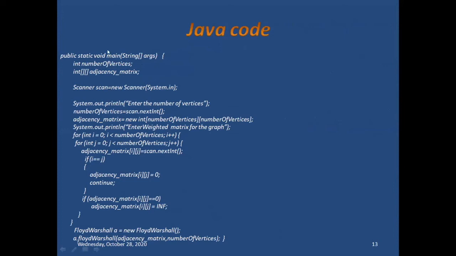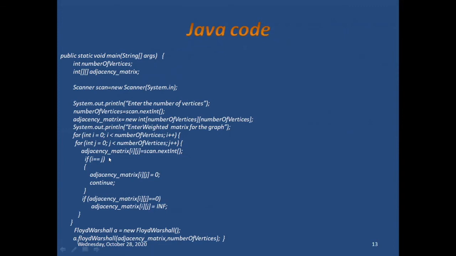Java code. This is the main method of this program. We declare two variables, the first for the number of vertices, and we declare an array for the matrix. We declare an object for Scanner, and we scan the number of vertices, and scan the array for the matrix with a nested for loop.